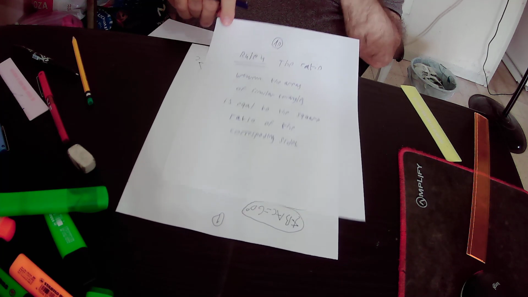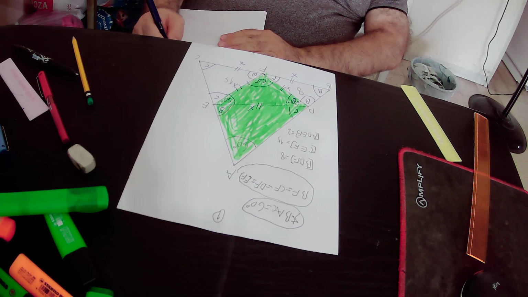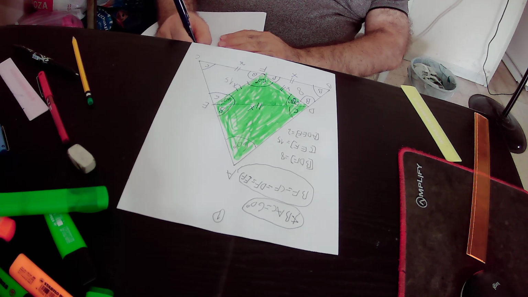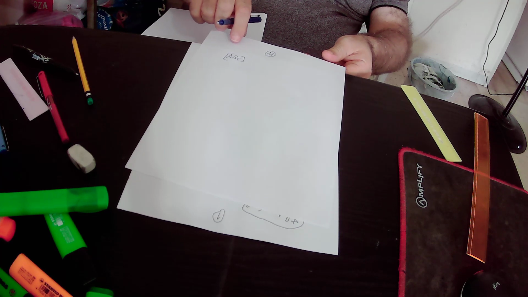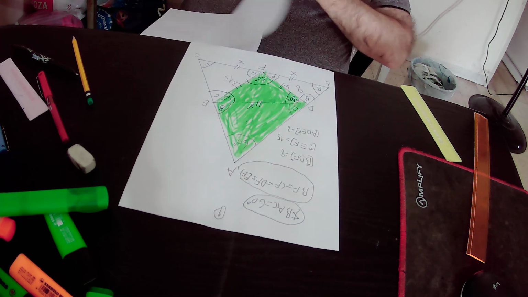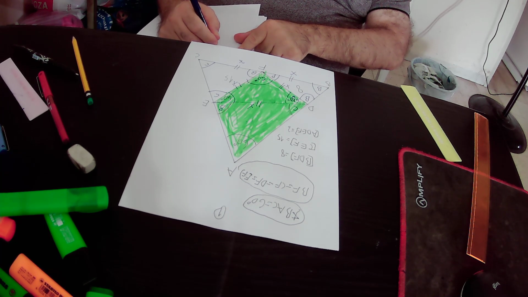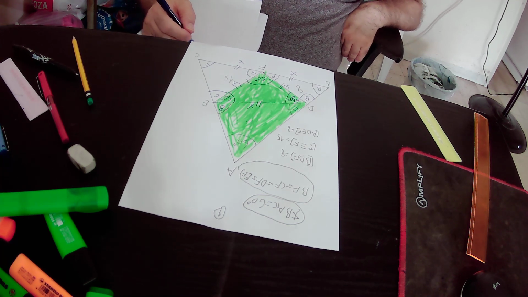Okay, so actually, according to rule number 4, the ratio between the area of triangle ABC, this is the sign for the area of a triangle, so the area of triangle ABC over the area of triangle ADE, that is the ratio between the areas of those two similar triangles, is equal to the square ratio of their corresponding sides.